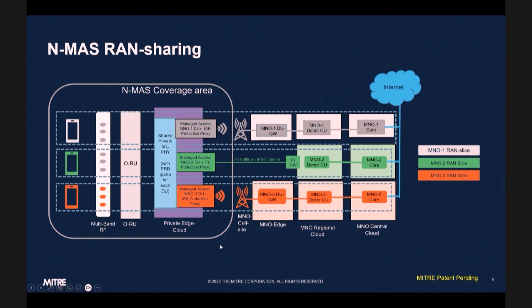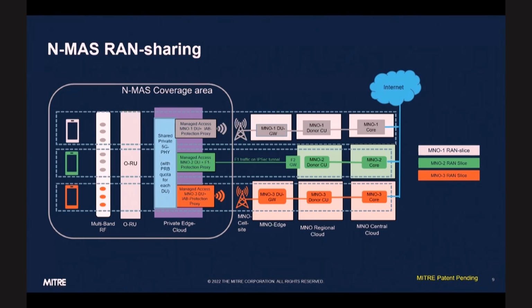This way, the mobiles of all the operators would be using the campus RAN to access, and this would enable managed access quite successfully even for 5G phones, and we would be able to catch up with the technology for this use case.